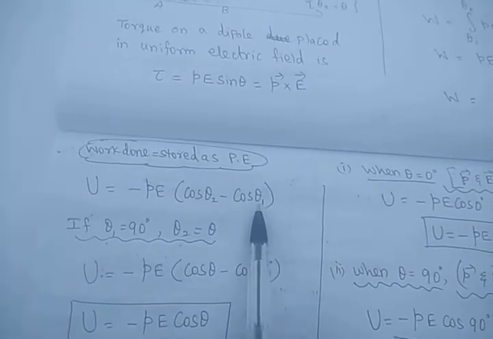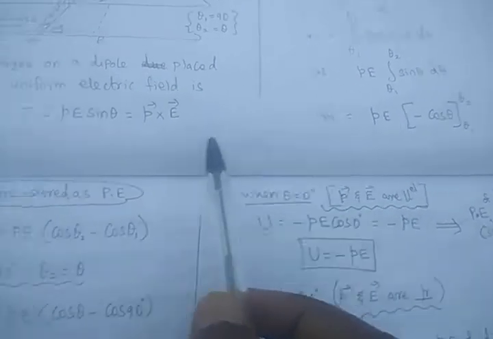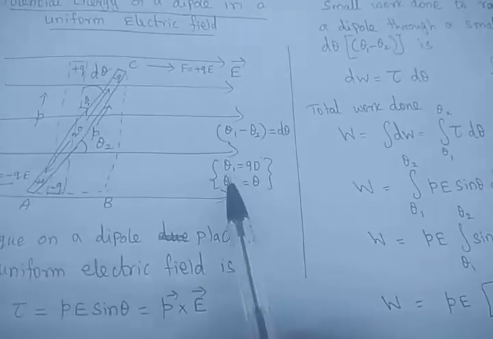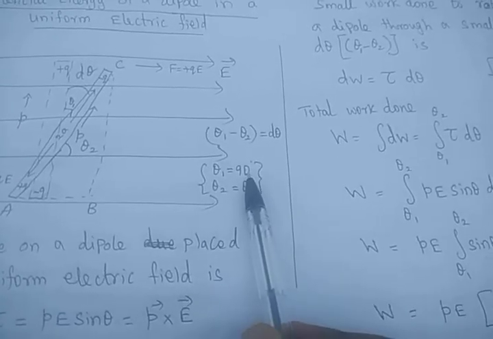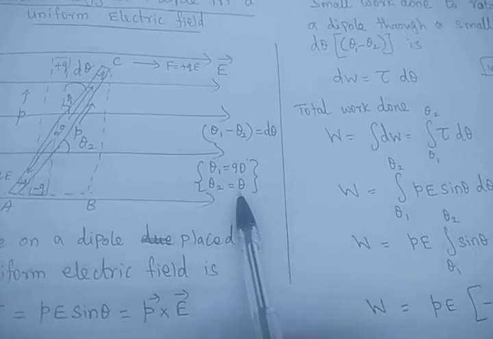We know that work done is stored as potential energy, so in the place of W we substitute the symbol potential energy U. Already in the diagram I explained that theta 1 is equal to 90 degrees, and theta 2 is a certain angle theta.